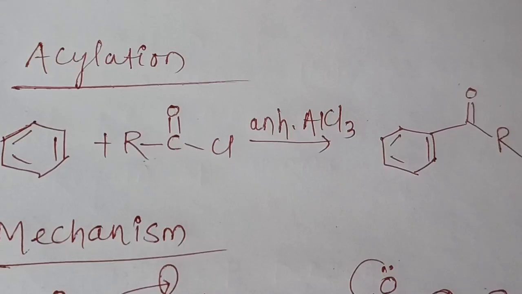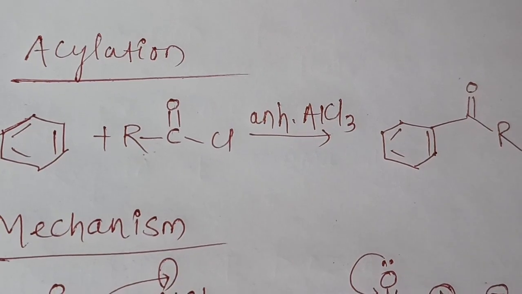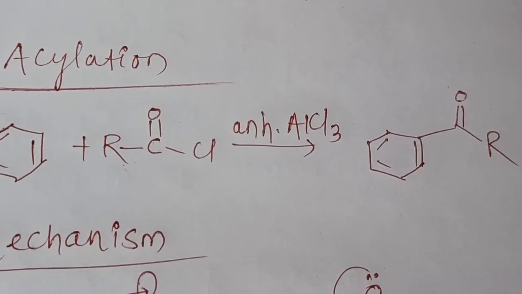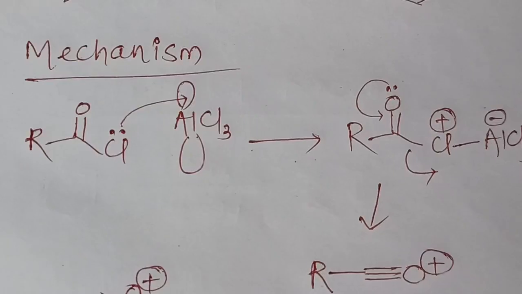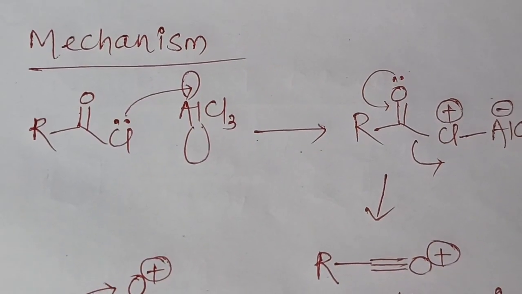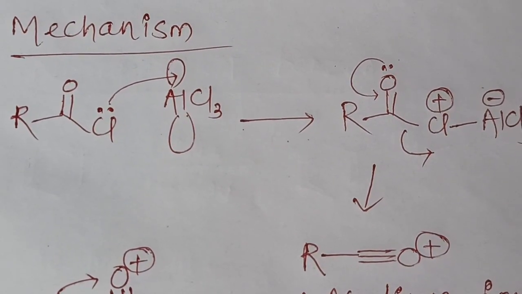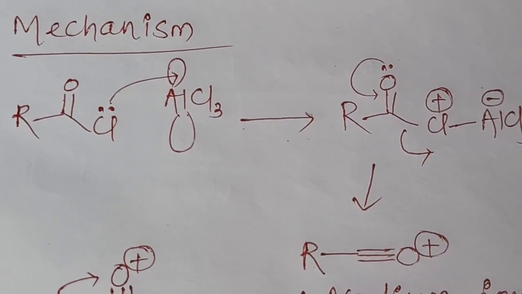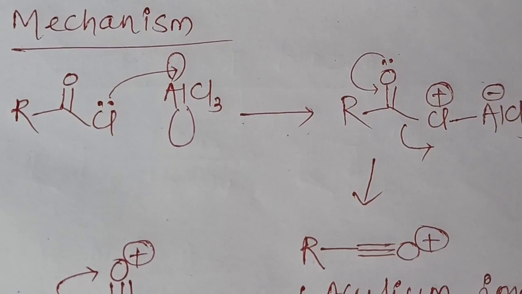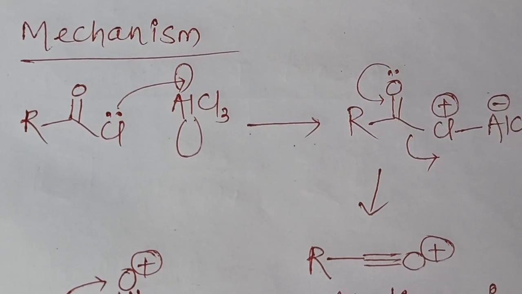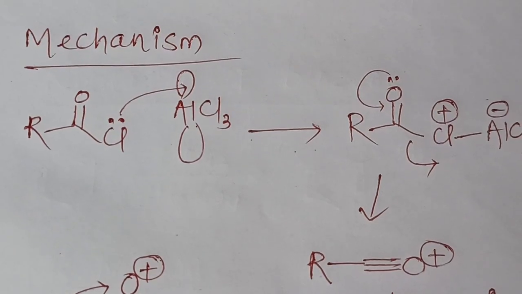This is acylation: when benzene is treated with acyl chloride in presence of anhydrous aluminum chloride, it gives an aryl ketone. The mechanism is similar to Friedel-Crafts alkylation but a little different. Here the carbocation is formed after leaving of AlCl4 minus, and the carbocation is stabilized by the plus M effect through conjugation of oxygen's lone pair.